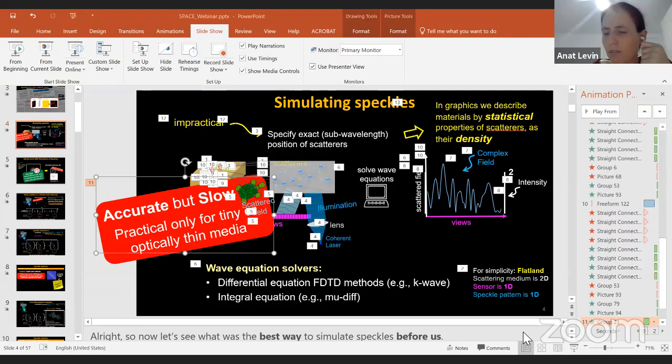Suppose that you give me some statistical description of the tissue, for example, the type of particles, their density, whatever, and I compute the speckle statistics.